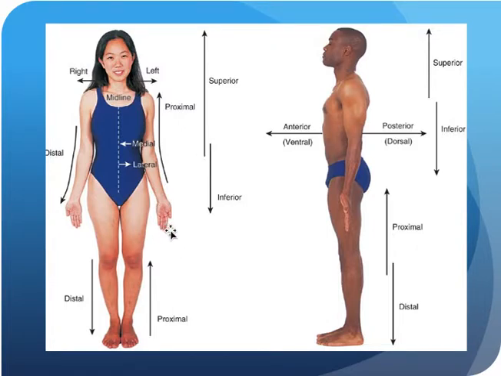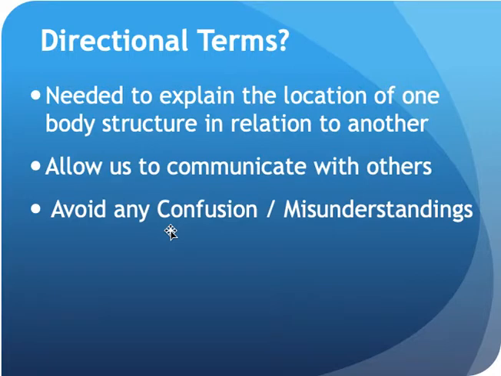From this point, I can tell you where different parts of my body are in relation to one another. So directional terms are needed to explain the location of one body structure in relation to another, just like we said. It's going to allow us to communicate with others and help us avoid any confusion or misunderstandings, especially if you're not in the same vicinity and you're sending emails, doing telephone conversations, or reading reports.